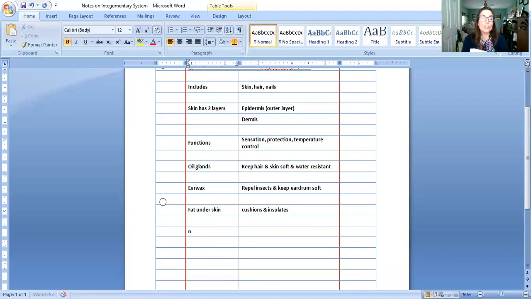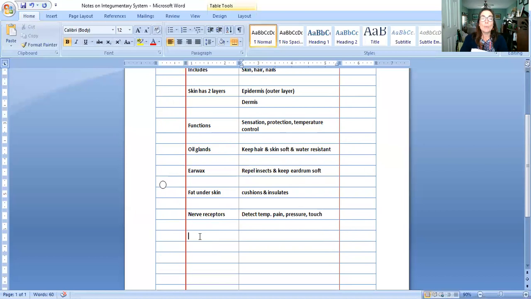Okay, then we have nerve receptors in our skin that allow us to detect temperature, pain, pressure. And of course, touch, which really is pressure.